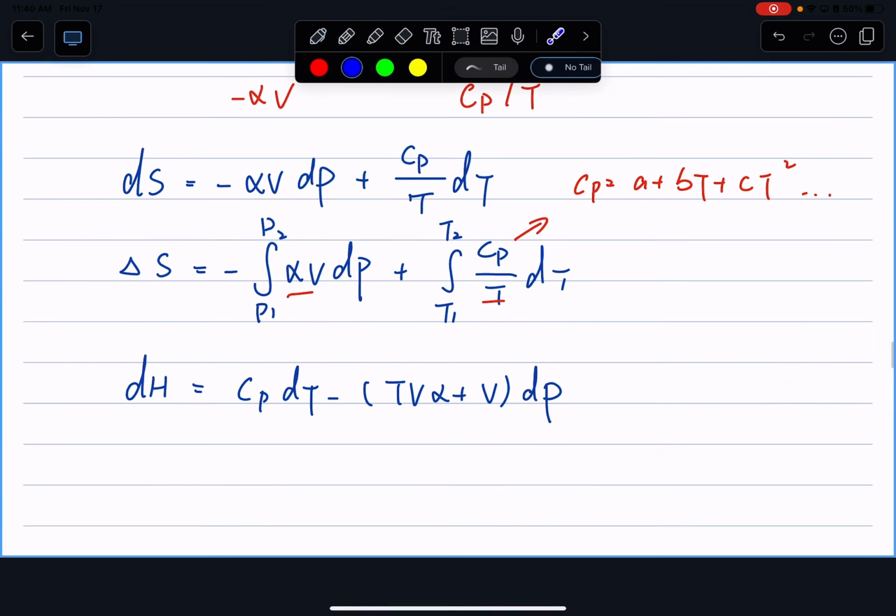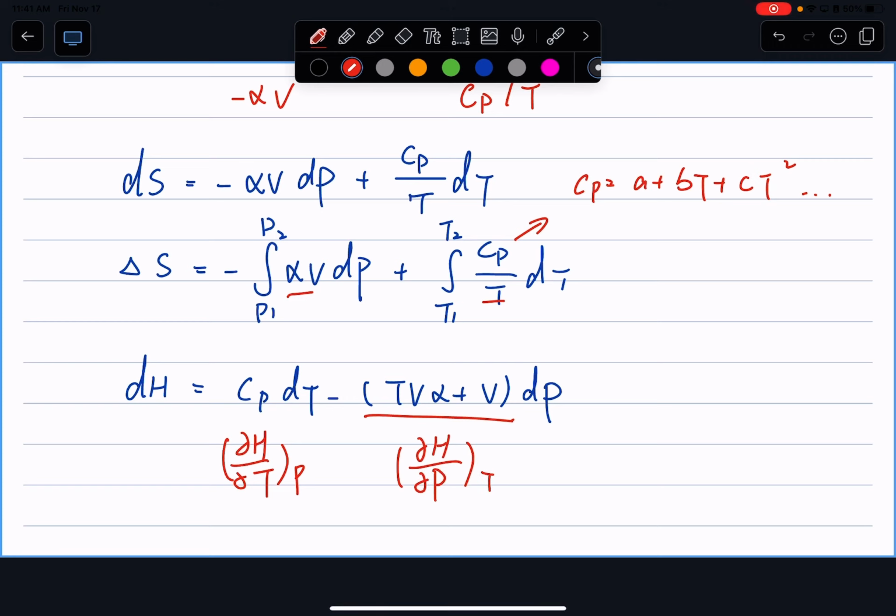So in here, just this first term, that's your dH over dT at constant P. And this term, that's your dH over dP at constant T. Now the derivation we went over in class, or you can try it yourself, but the whole point we're solving for the pressure dependence and temperature dependence of enthalpy is because we want to set up that integral so we can solve for the change of state functions in every situation.